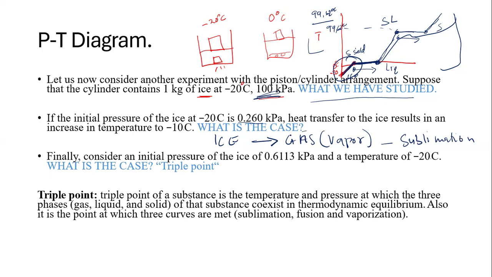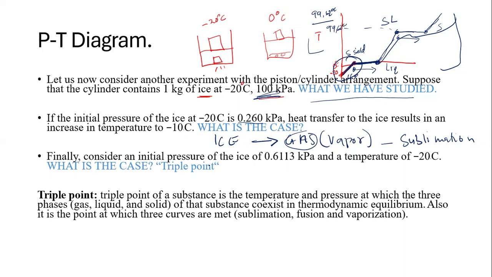So now when you take this gas at negative 10 degrees Celsius, and then you further heat the system by increasing the temperature, what we call that condition is the superheating of the vapor, which is what we are quite familiar with. We know that when we have vapor and we further increase the temperature of the vapor, that's superheating conditions, right?